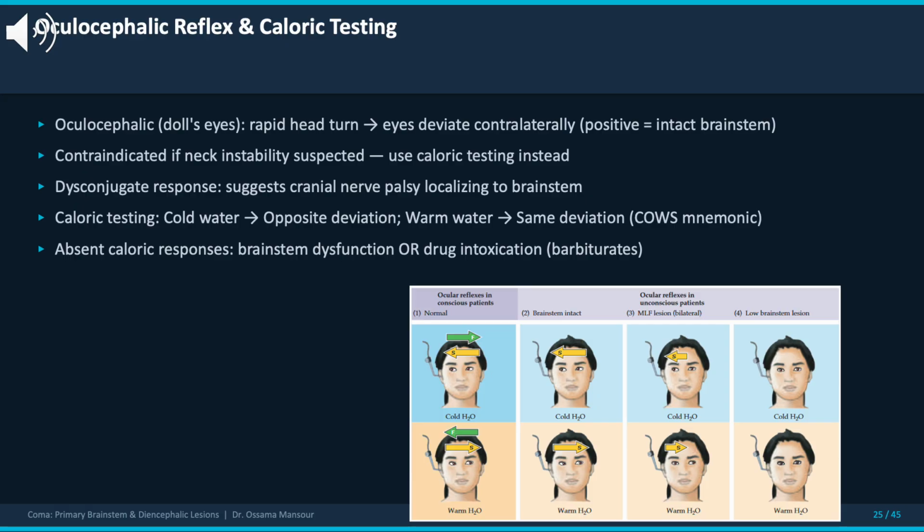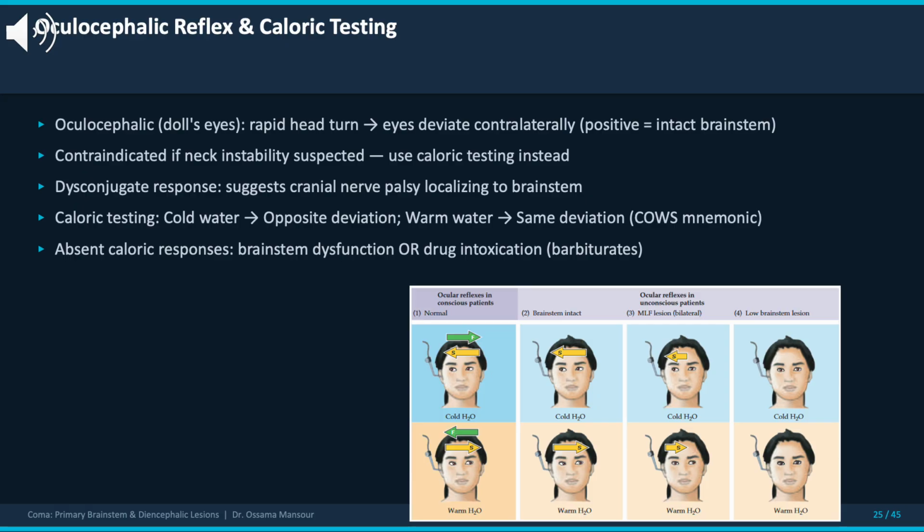Caloric testing elicits the same signal pathways using a different stimulus. Instillation of cold water to the external ear canal causes conjugate gaze deviation toward the opposite side. Instillation of warm water causes conjugate gaze deviation toward the same side as stimulation.